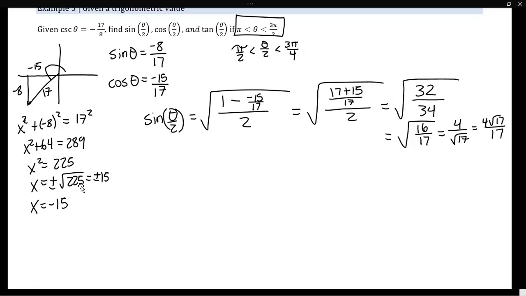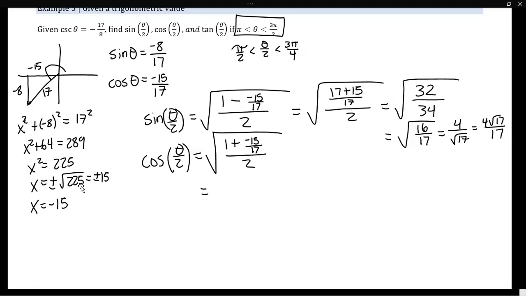I'm just going to do the formula as if you just had to find cosine theta over 2. So cosine theta divided by 2 is going to be the exact same thing, except we're adding in this case. So the square root of 1 plus cosine theta, so 1 plus negative 15 divided by 17, all divided by 2.